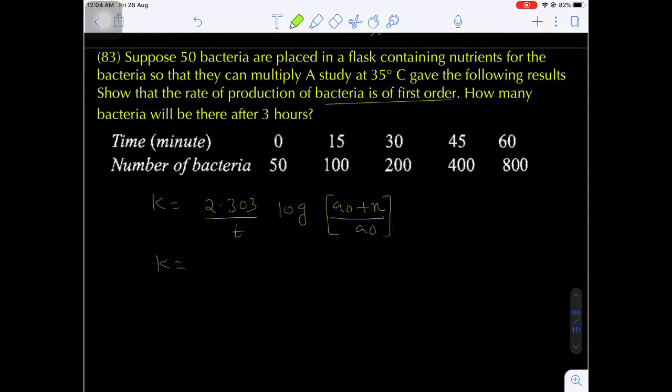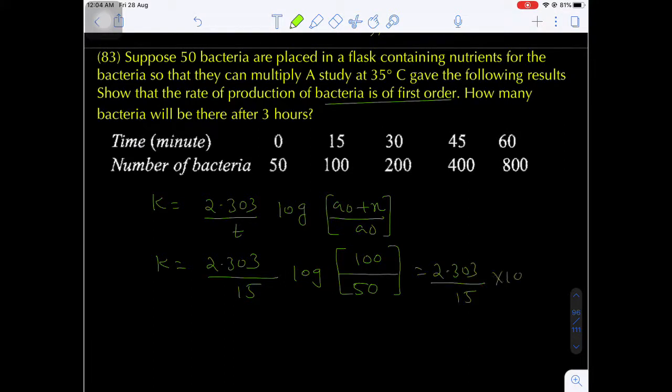Now k is equal to, first of all I am taking the time interval 15 minutes, logarithm of initial concentration a naught, which is given as 50 bacteria, and at 15 minutes the concentration is given as 100. So log 100 by 50, that will be log 2. So 2.303 divided by 15 into log 2, that will be 0.3010.